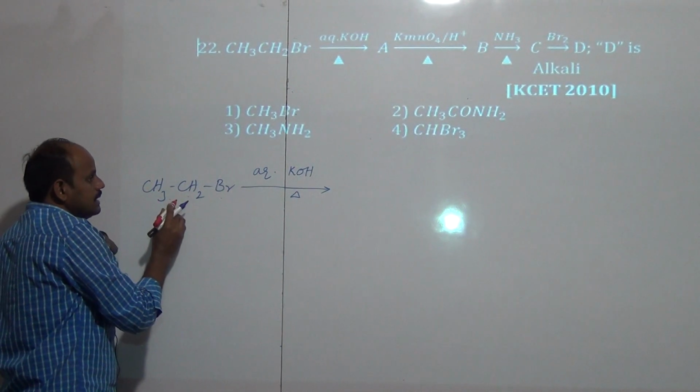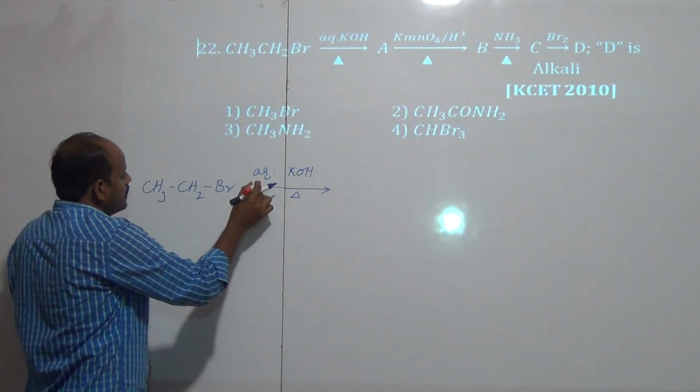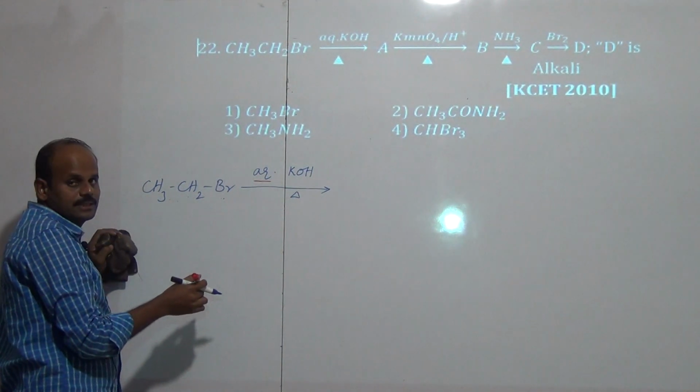What is the name of this compound? Ethyl bromide. Reacting with aqueous KOH, it is a substitution reaction.